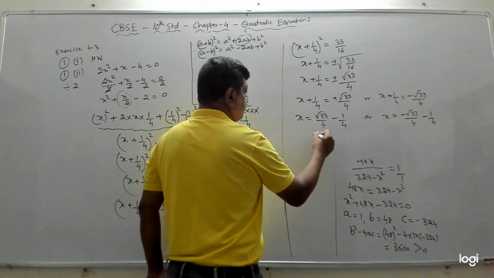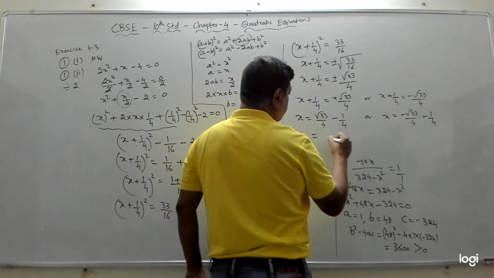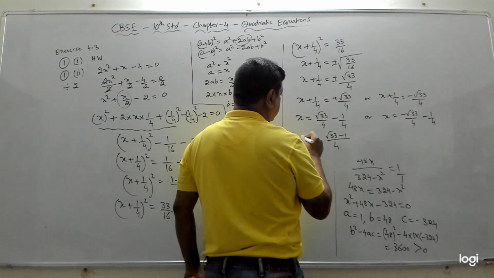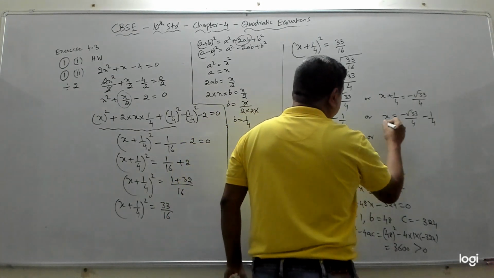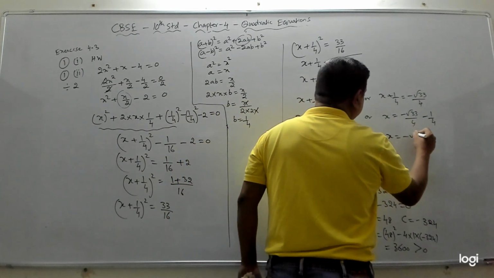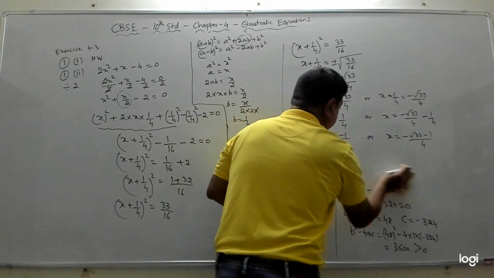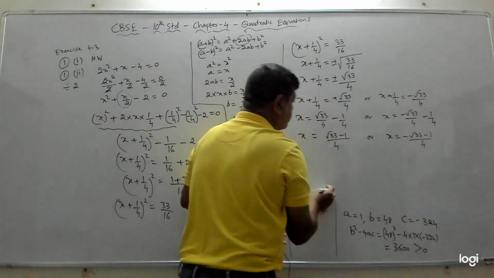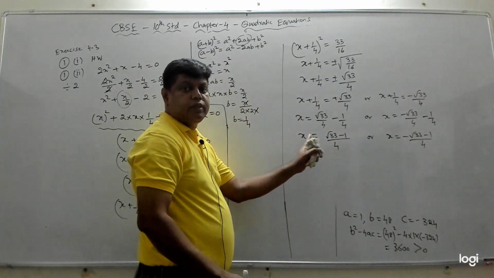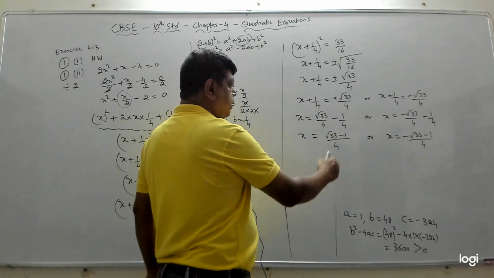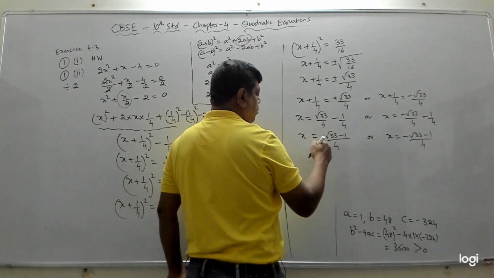So now here 1 by 4 is same, LCM 4, you get root 33 minus 1. That is your x. Or x is equal to minus root 33 minus 1 by 4. So we can stop here, but generally we'll write the number first, then the square root.